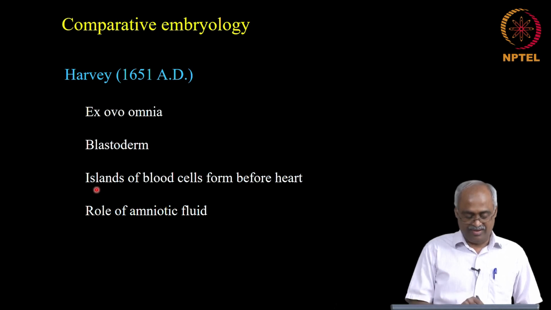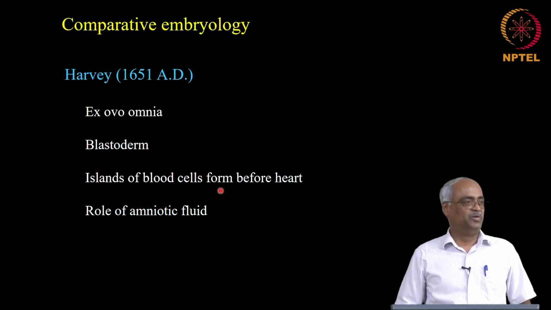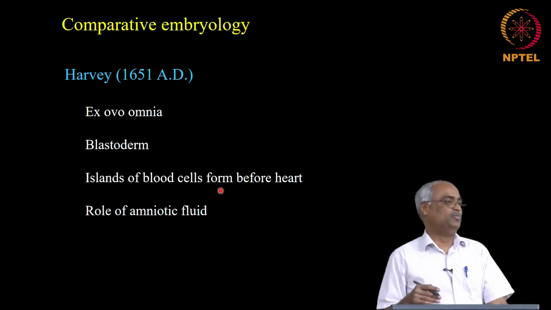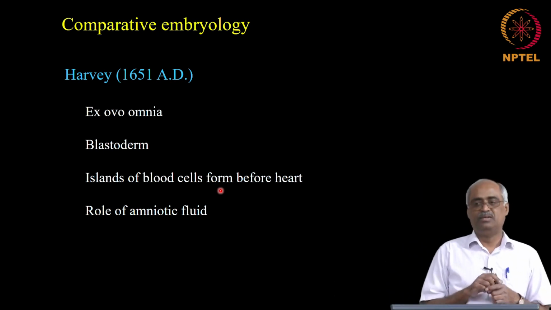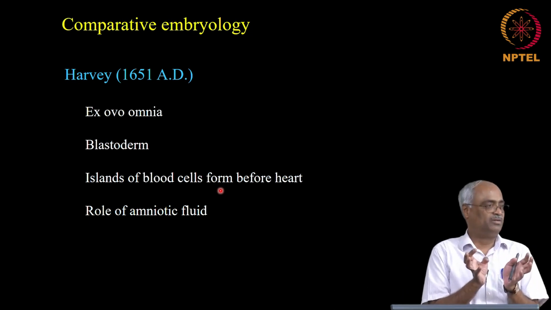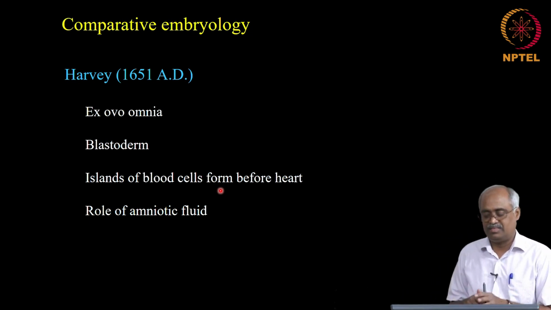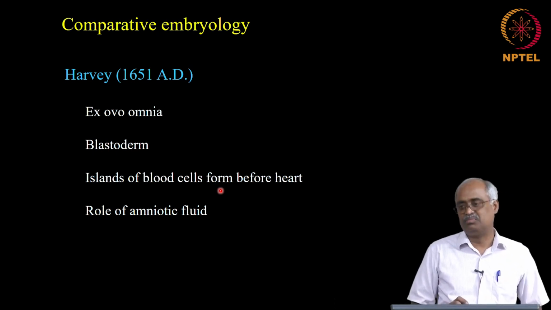And then he also identified the formation of blood cells in embryogenesis, and he noticed that happens before the heart. And then he also found the function of amniotic fluid, the fluid filled sac that cushions the embryo in most organisms including human, and he was the first one to describe that.